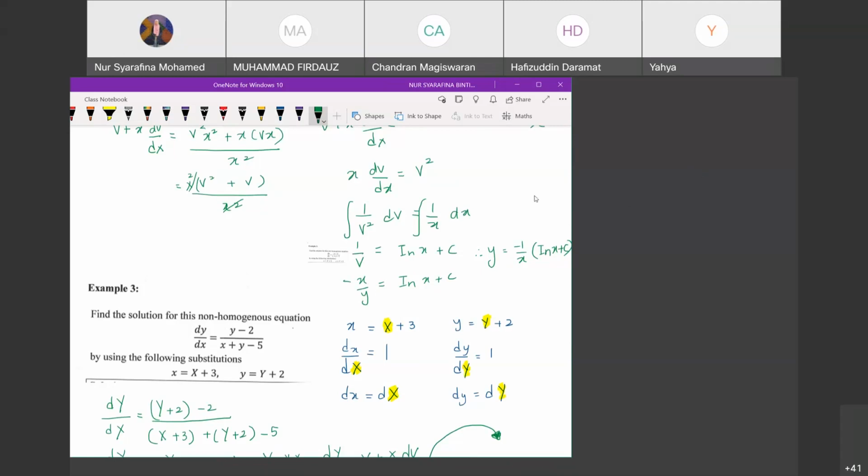Okay, just this one, I just move to the right hand side. So this is y, right? 1 over y, right?